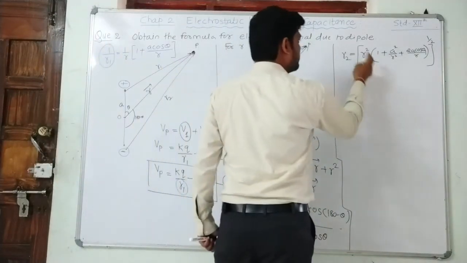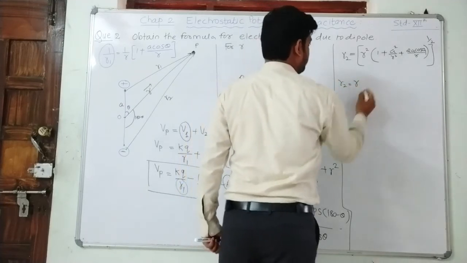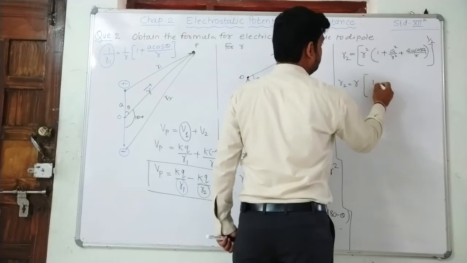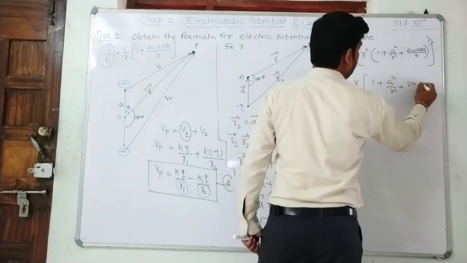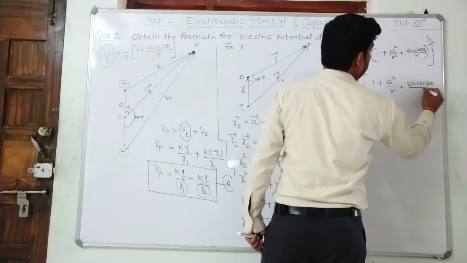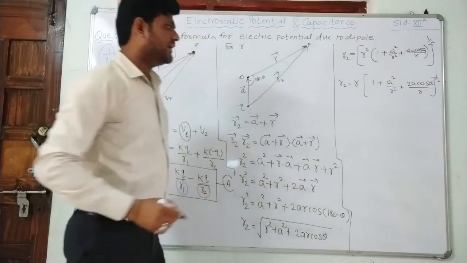Take the r square outside the root. r2 equal to r, 1 plus a square by r square plus 2a cos theta by r, raised to half. Correct?